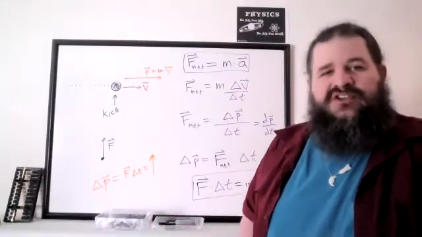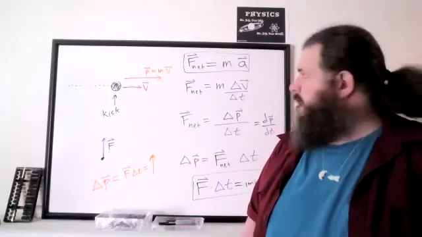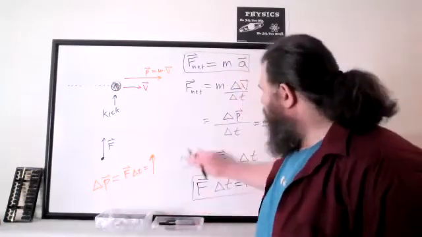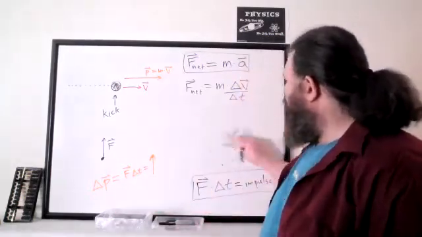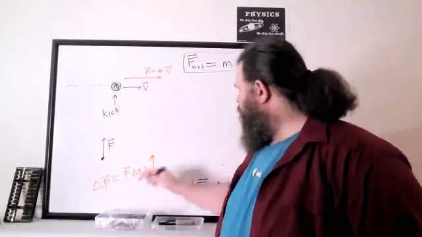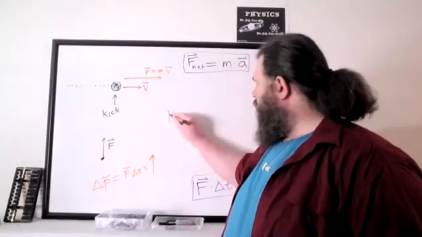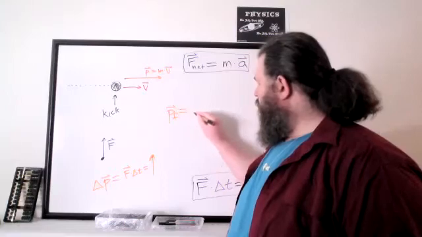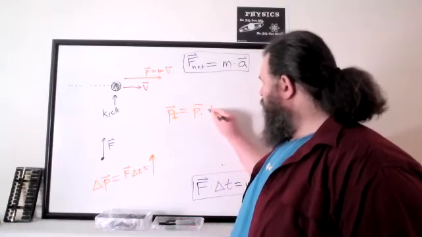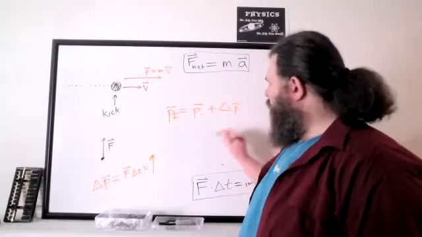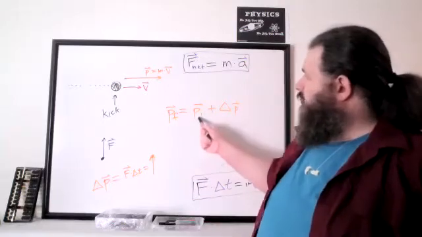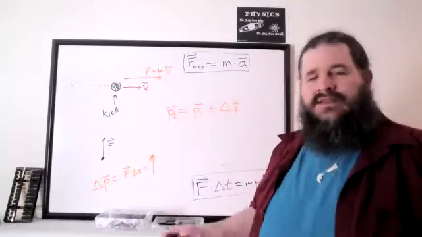And now that we know the change in momentum, we can just add these together. We can say that the initial momentum plus the change is going to equal the final momentum. Final momentum equals initial momentum plus change in momentum. We know the initial momentum is purely in the eastwards direction.